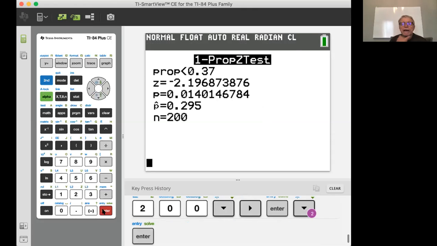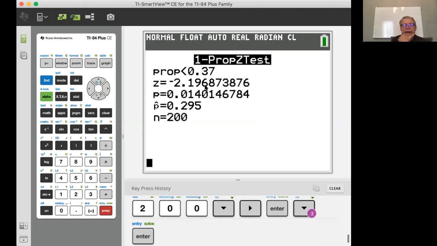Hit enter, and we get a test statistic value of negative 2.197 to 3 decimal places, or negative 2.20, which is what we had from before. P-value 0.0140. I think that's slightly off from what we calculated, but we can double check that.